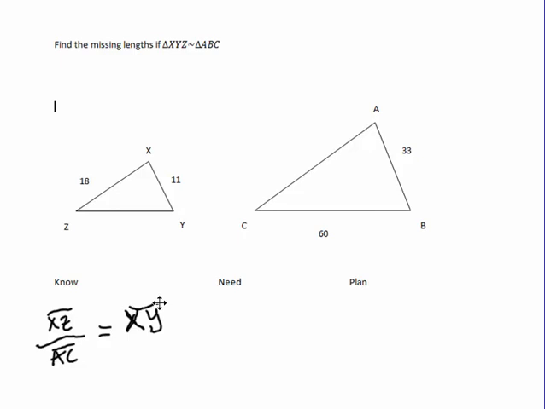So XZ over AC is equal to XY over AB. In other words, the distance from here to here divided by the distance from here to here is the same as the distance from X to Y over A to B.